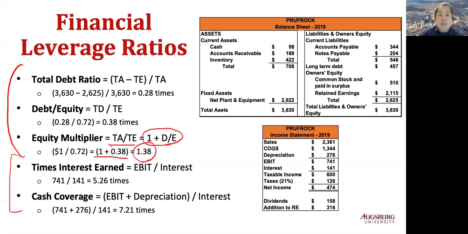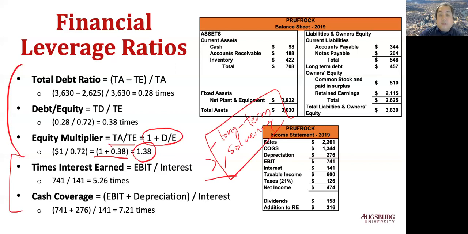The first one is times interest earned, EBIT divided by interest. It measures whether this company makes enough operating income to pay interest. Obviously, we want this to be greater than 1. If not, then you are losing money. These two measures are also called long-term solvency measures.